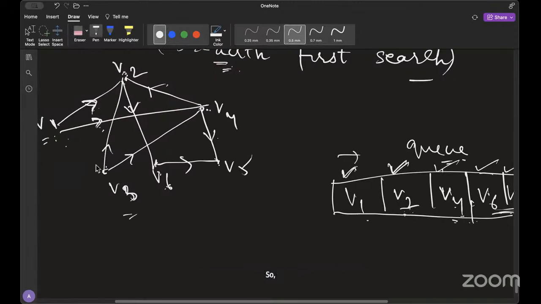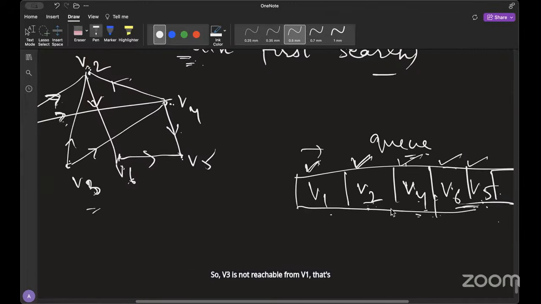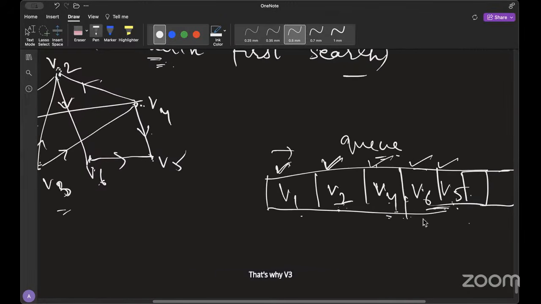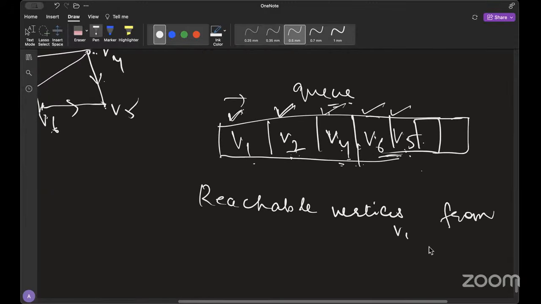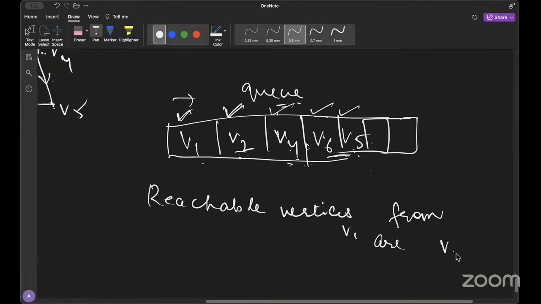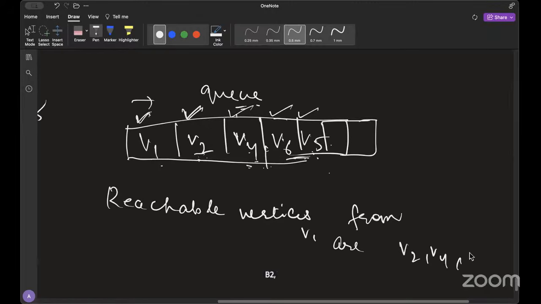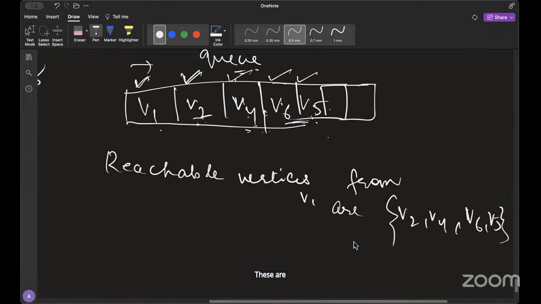So V3 is not reachable from V1. That's why V3 is not in this queue. The reachable vertices from V1 are V2, V4, V6, and V5.